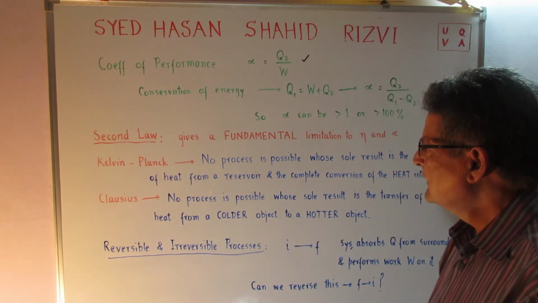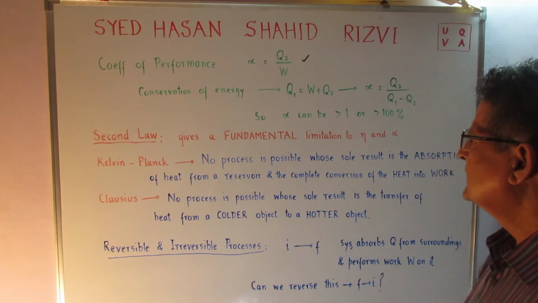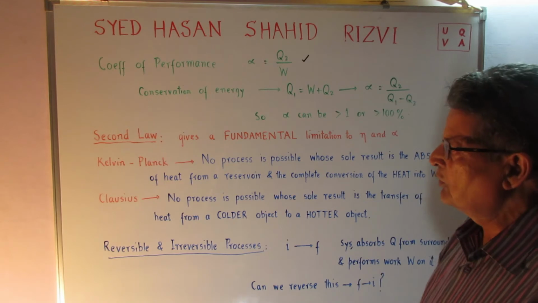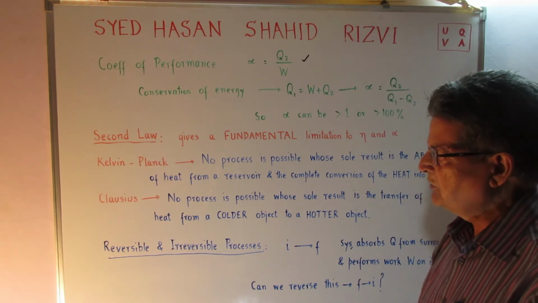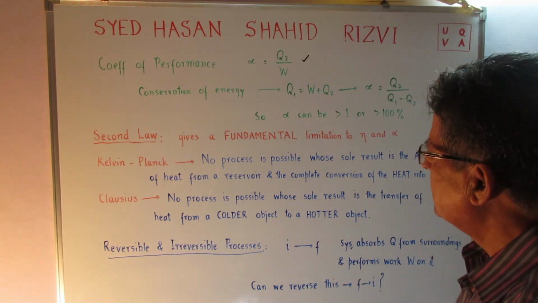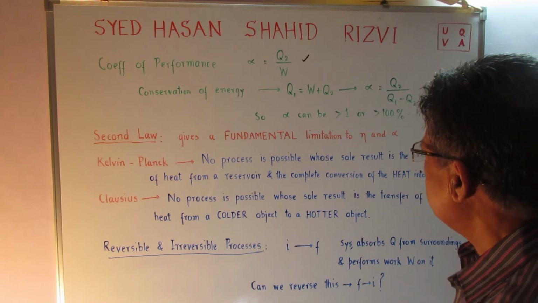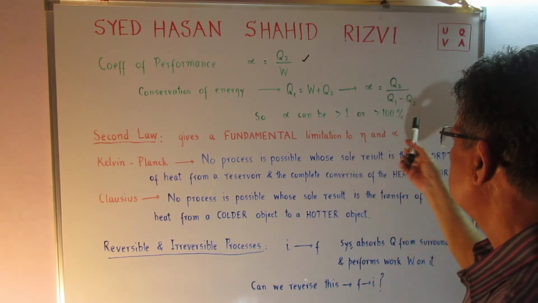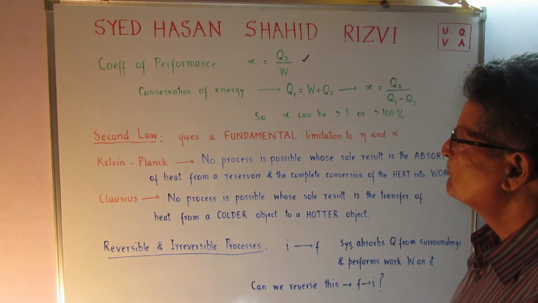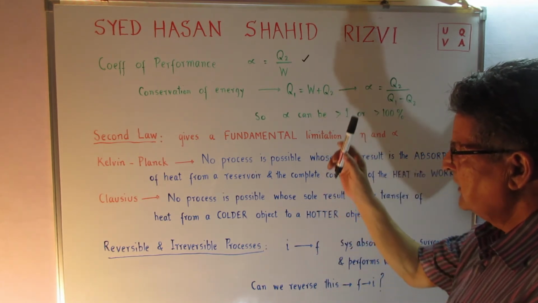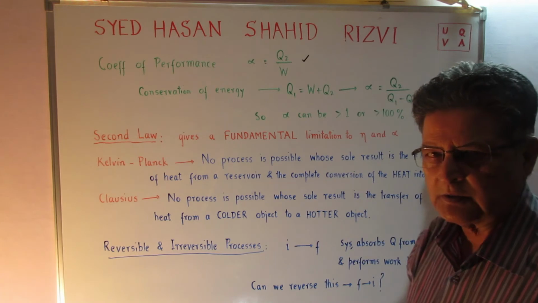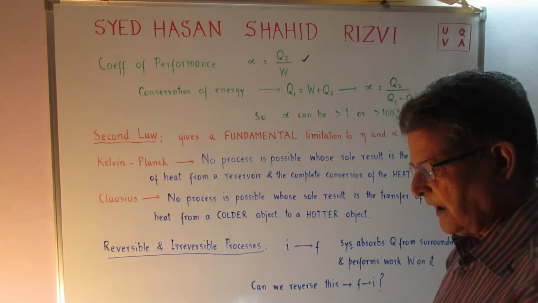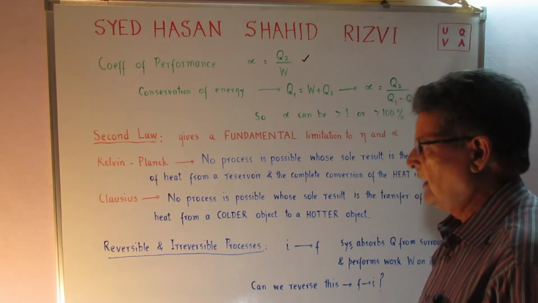And we see that alpha could be greater than 1 or more than 100%, whereas eta can never be more than, even can never be equal to 1.